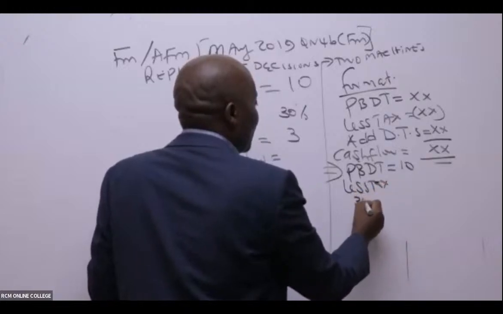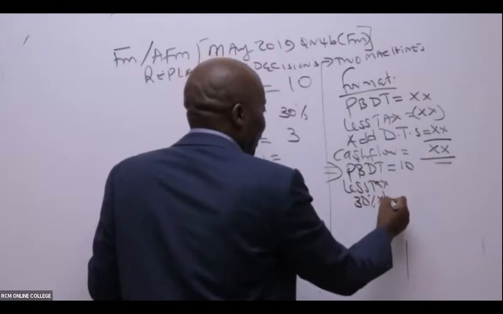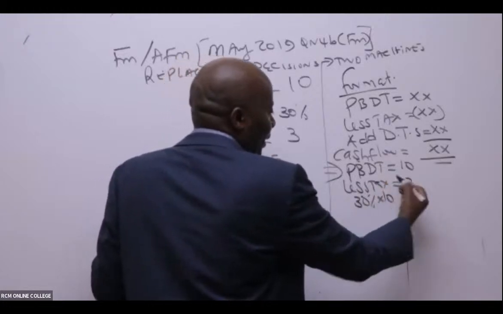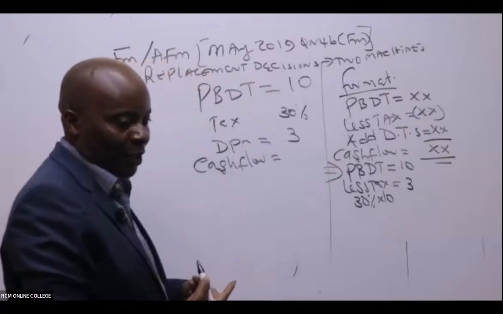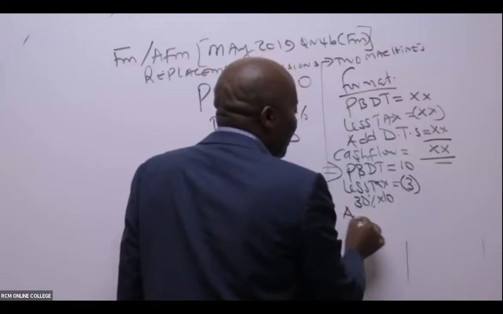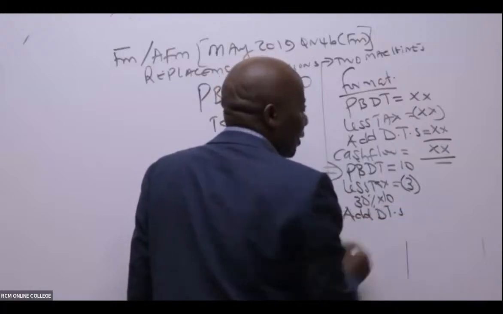What is our tax? It is 30% of the profit, 10. So 30% of 10 gives me 3, isn't it? Then I'll be able to deduct that and add the depreciation tax shield.